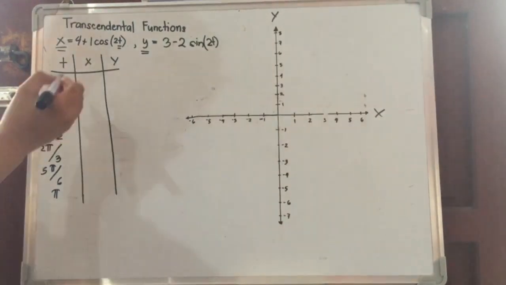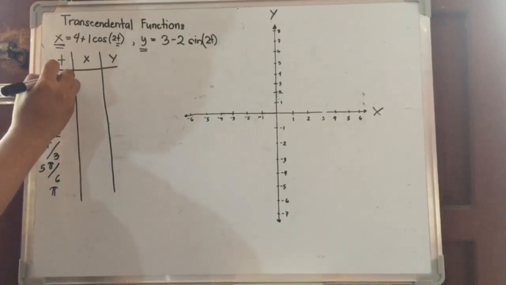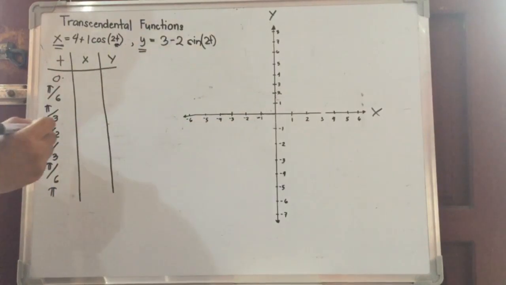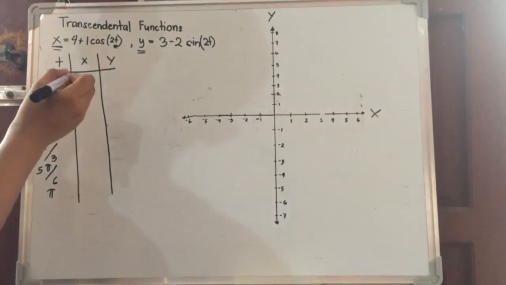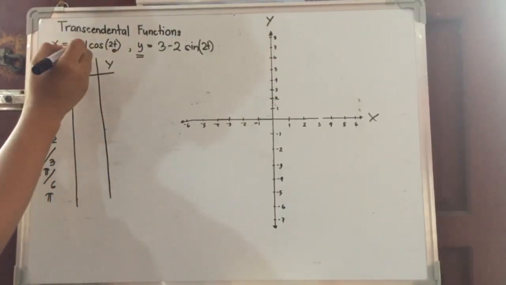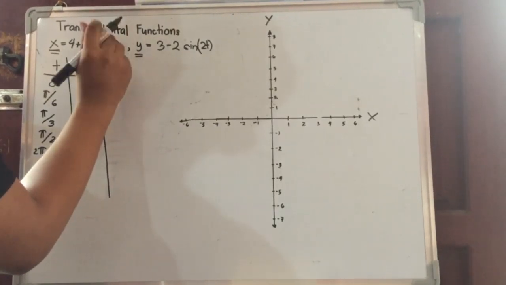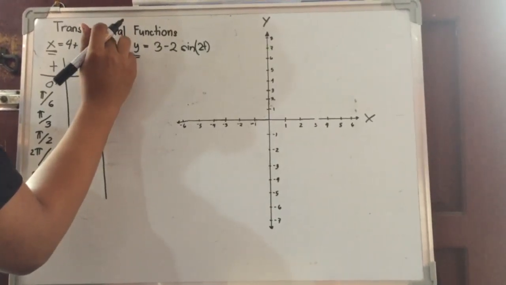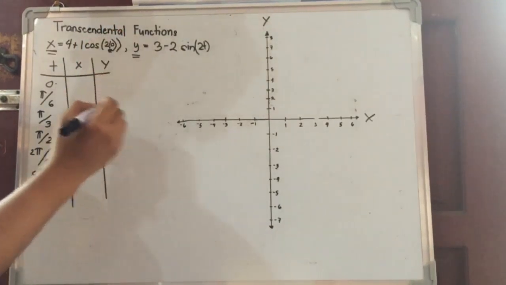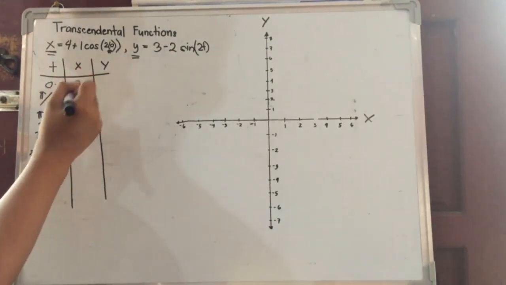In order to solve for x, you must substitute the value of t into this equation. By the use of your calculator, you substitute the value of 0 to t. So 4 plus 1 cos of t, with the value of t equal to 0, the x is equal to 3.